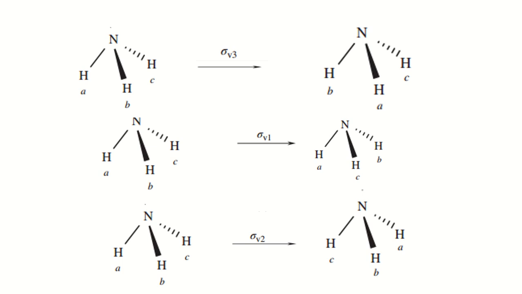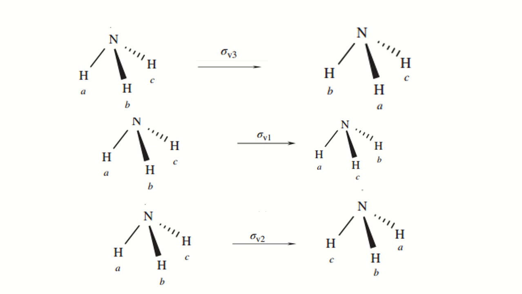Then we can clearly see that this is only a shifting of HA and HB to each other. So HB will shift its position to HA, and HA subsequently joins the place of HB. So that would be the product after applying sigma v3 to the NH3 molecule.